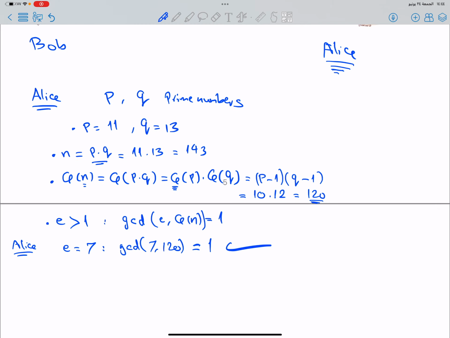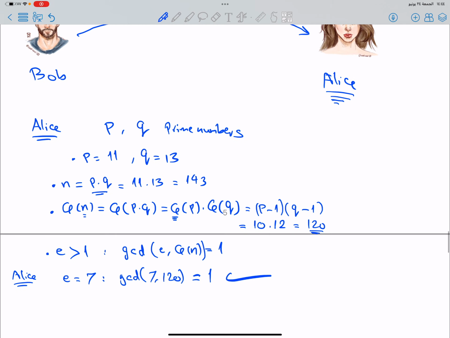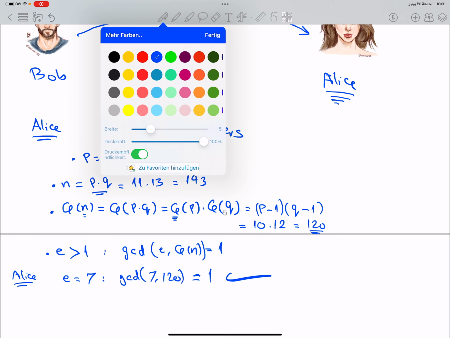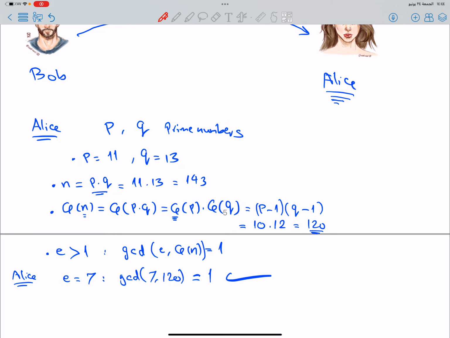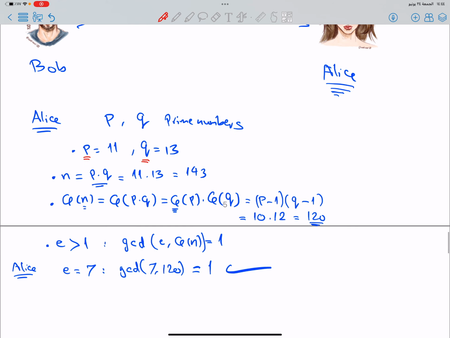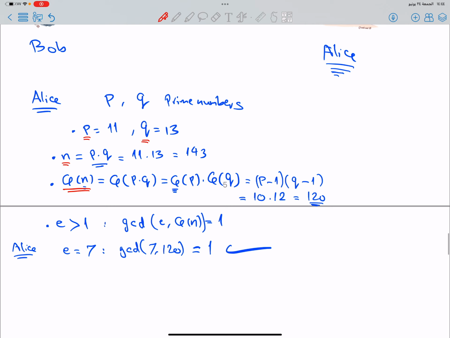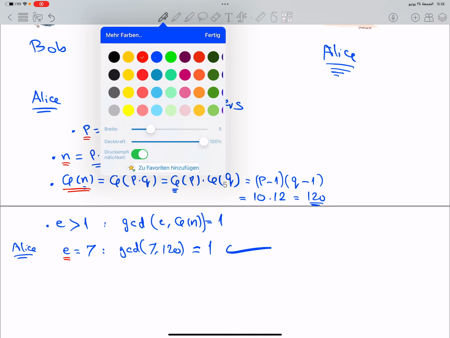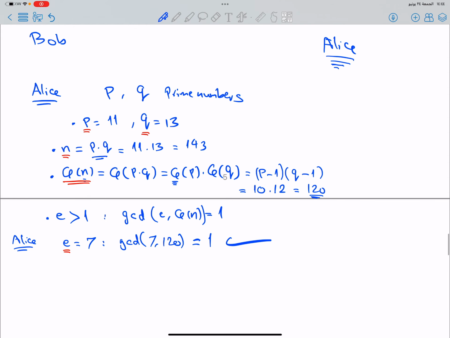Now we have P and Q, we have N, we have phi N, and we have E. And now we have the public key.